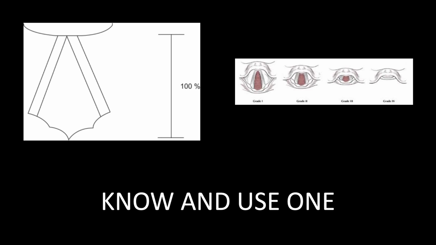Being familiar with the Cormack system is important, as most physicians are comfortable using and communicating this way. However, on screen left is a visualization of a system called a POGO, or percentage of glottic opening, which describes the amount of glottic structures that you're able to visualize.